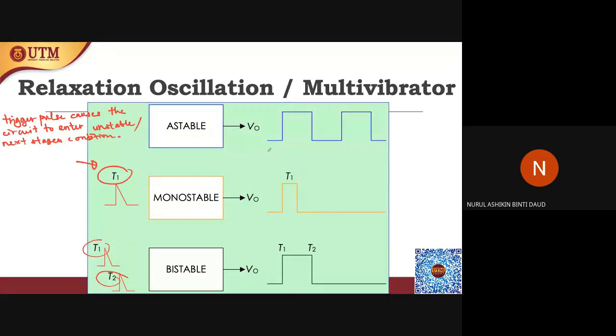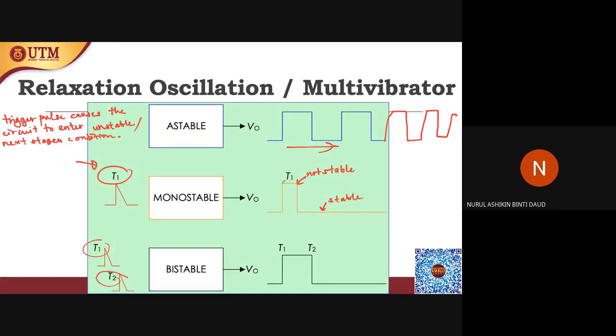For astable, there is no problem, because the waveform will continually oscillate uniformly like this. But for the monostable, let's say this is the not stable condition and this is the stable condition.